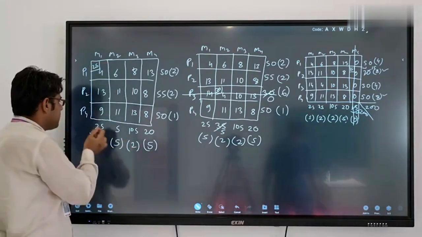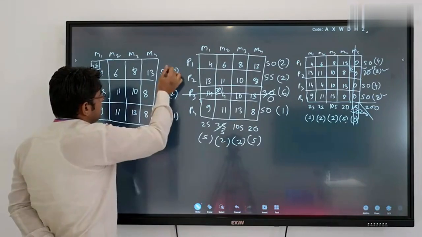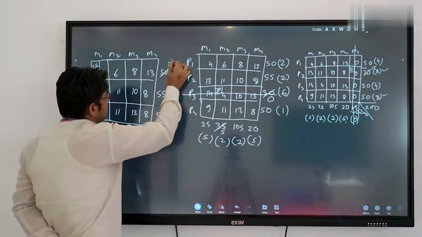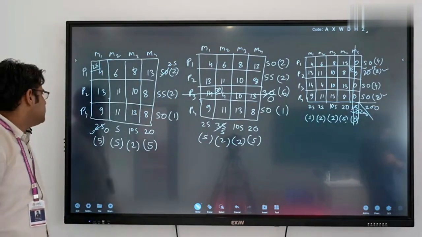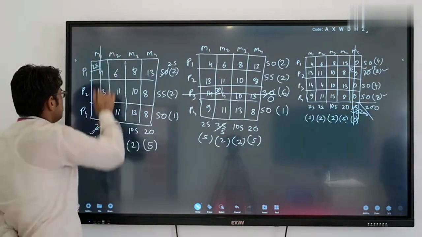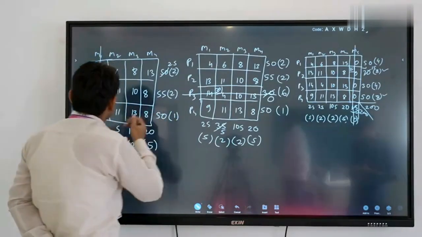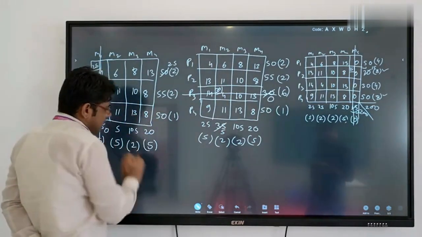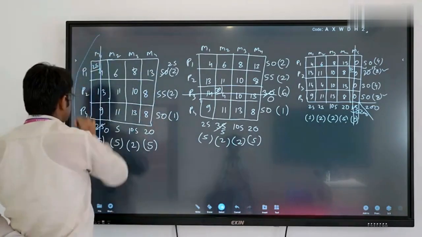Now we subtract 25 from 25, 0, and 25 from 50, remaining 25. So the demand of market M1 is remaining 0. So now cross out market M1. Now move to the next table.